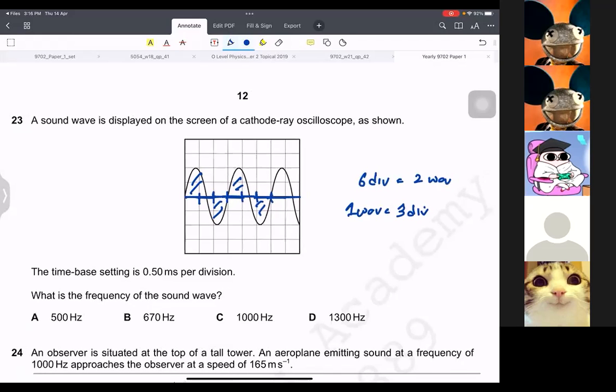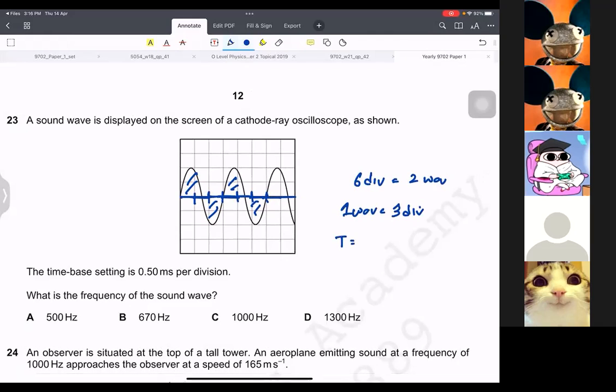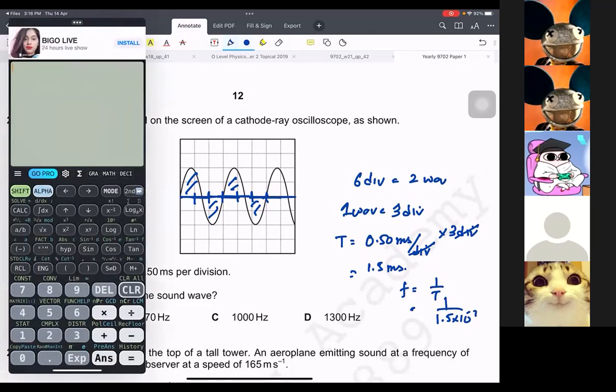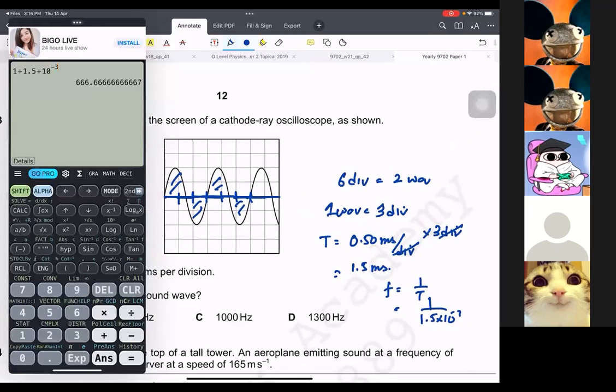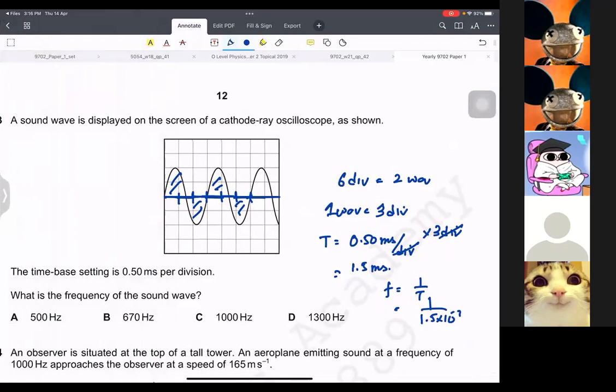Now I'm going to use time period equals time base, which is 50 milliseconds per division, multiplied by 3 divisions for 1 wave. So this is 3 times 0.5, which is 1.5 milliseconds. So frequency will be 1 upon time period, 1 upon 1.5 times 10 raised to minus 3. So it has to be 666. What is this number? 670, I believe.